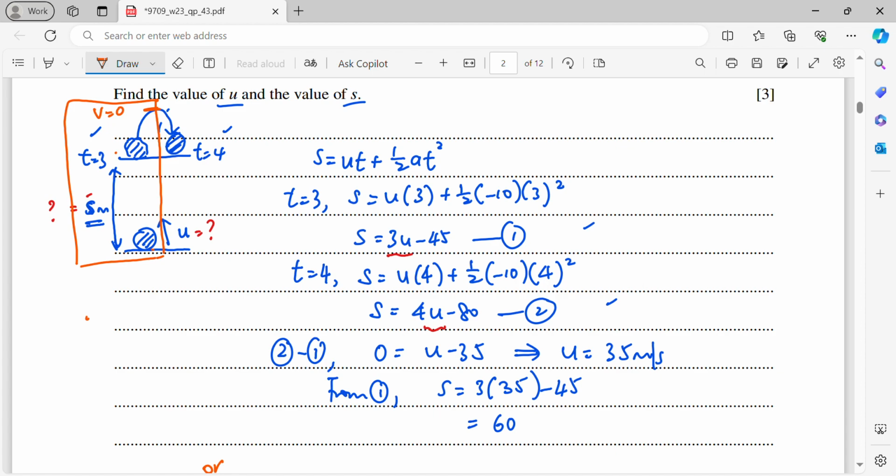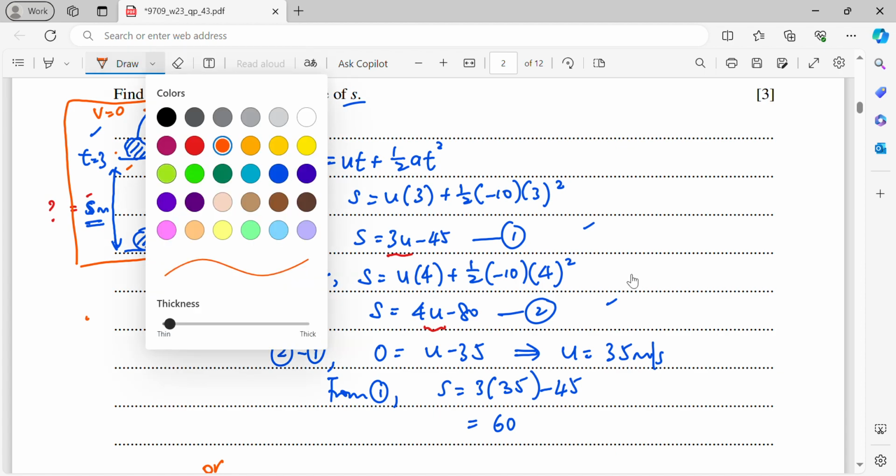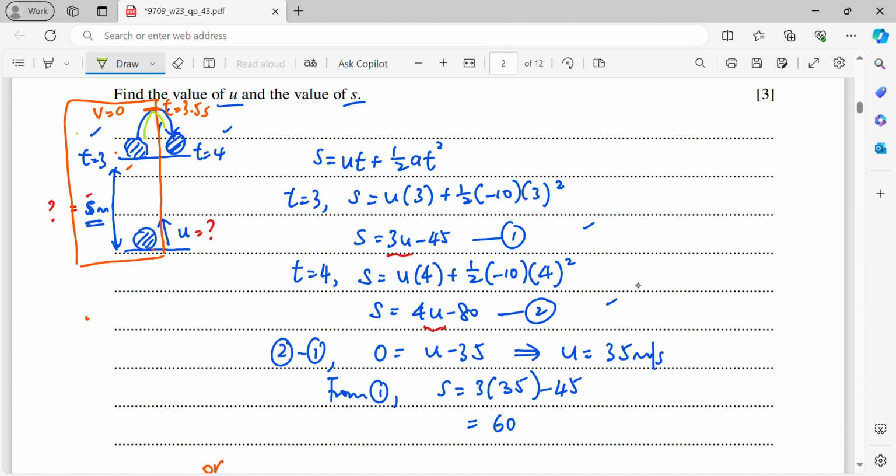The maximum height happens when t is 3.5 seconds, because when t equals 3 it is at s meters, and t equals 4 also at s meters. That means going up and down to the same level needs just 1 second, so within 1 second you just consider half of the motion. Therefore, the t is 3.5.